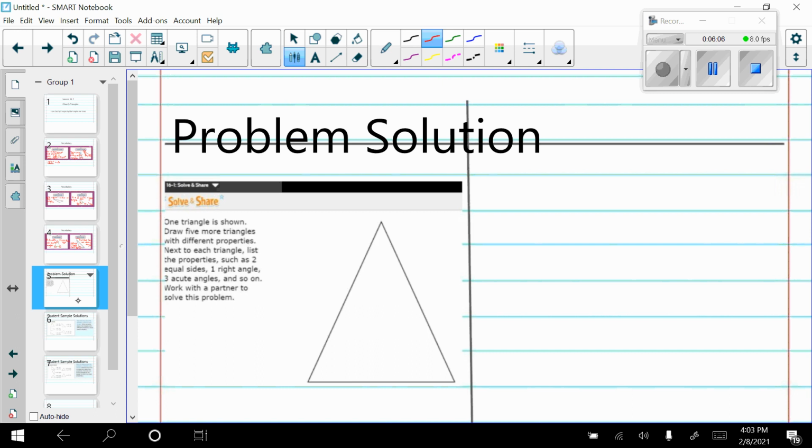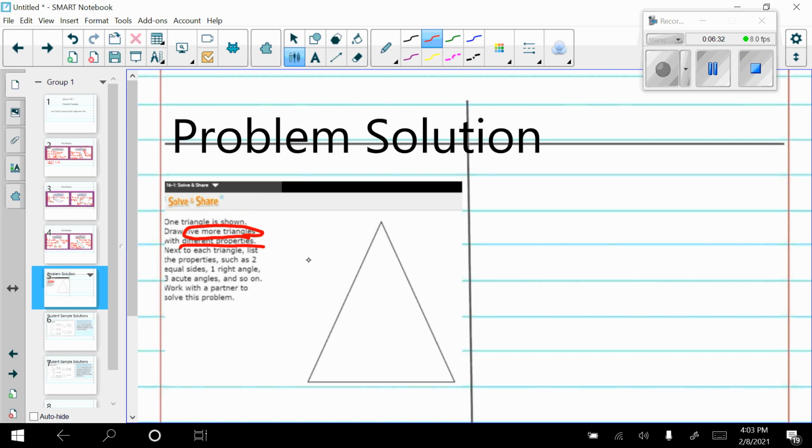And here is our problem for tonight. Now, it says to work this with a partner. You could discuss this with your mom and dad or just simply do it by yourself. But it says one triangle is shown. Draw 5 more triangles. So you're going to be drawing 5 triangles in your math book, and they are going to have different properties.